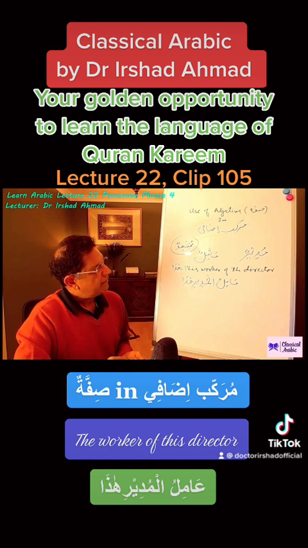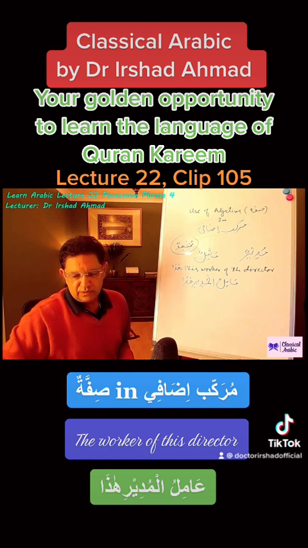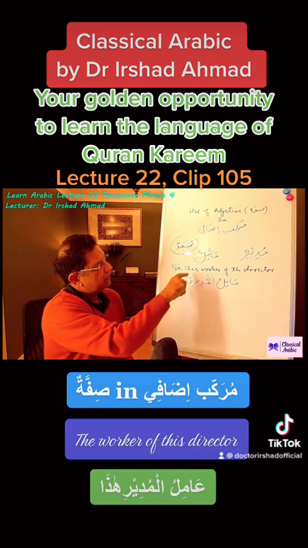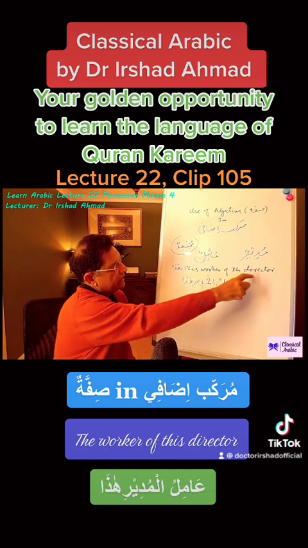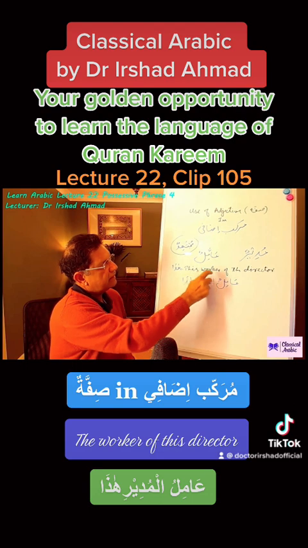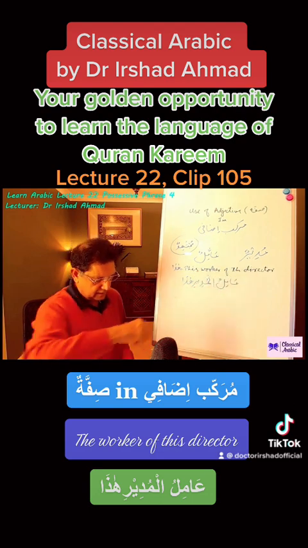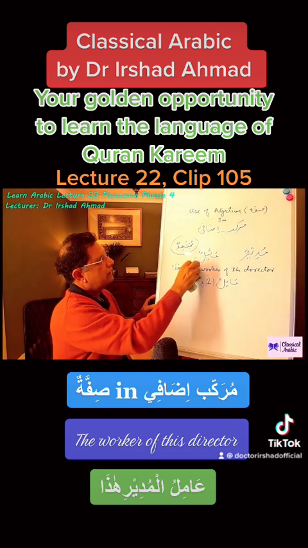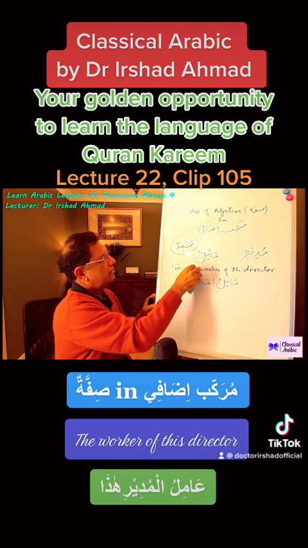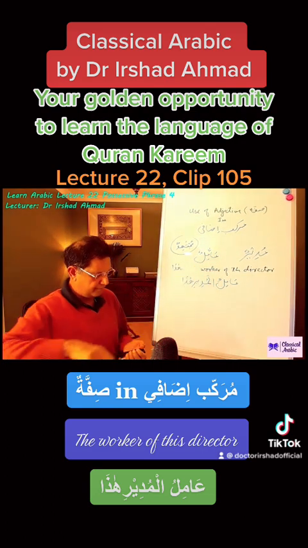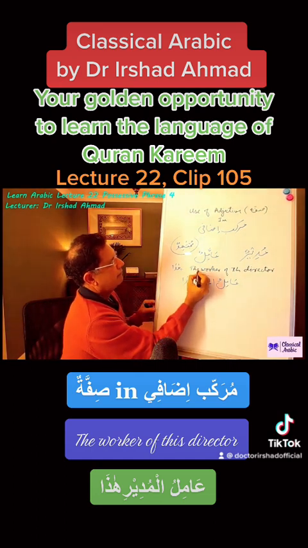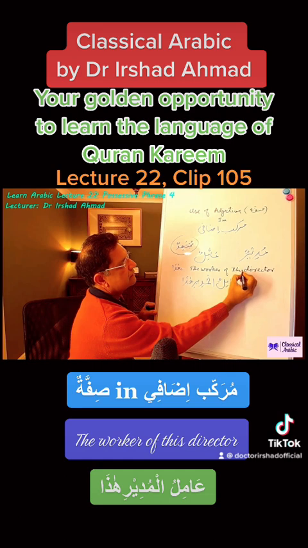If on the other hand we want to say, if we want to attach this to the director, so we say the worker of this director. Let's change it. The worker of this director.